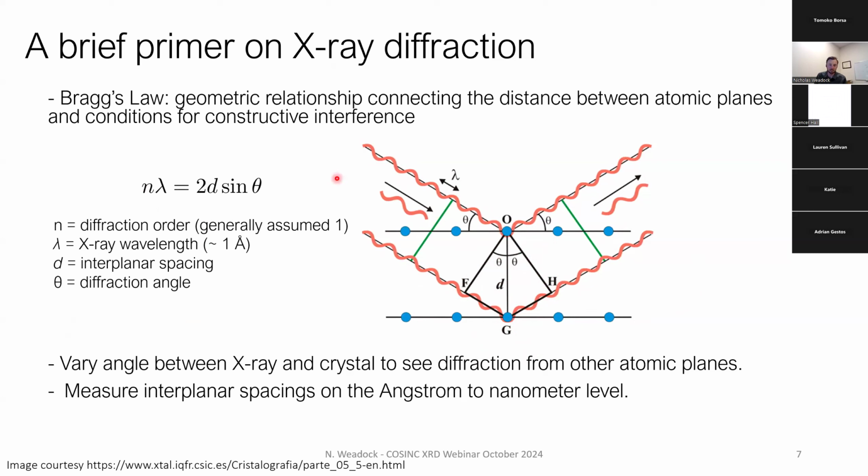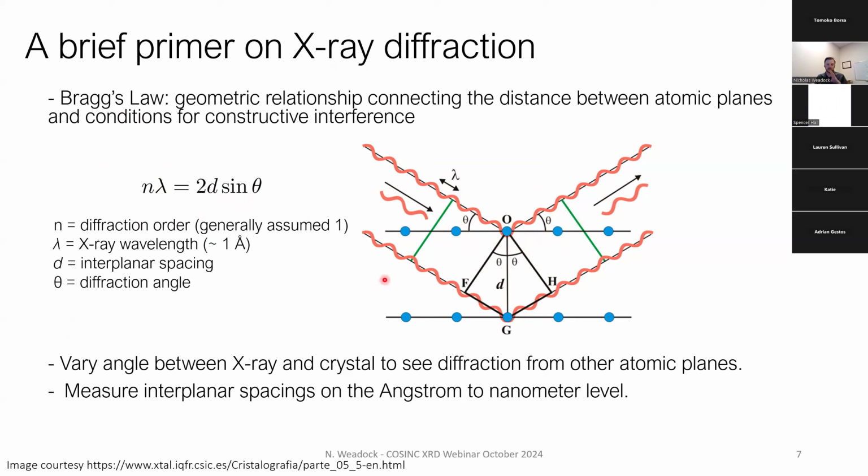And so this expression here defines that condition where our diffraction order, which is normally 1, times the wavelength is equal to 2 times the interplanar spacing times sine of the scattering angle. And the important caveat here is that your incident angle and diffracted angle are both equal to theta with respect to the lattice planes.